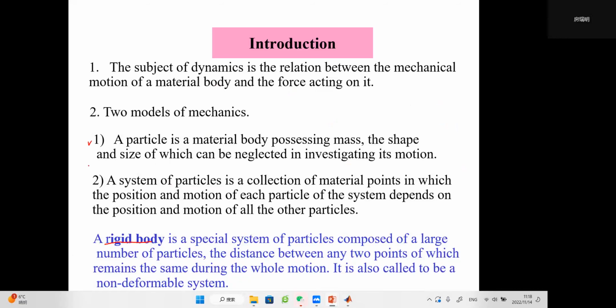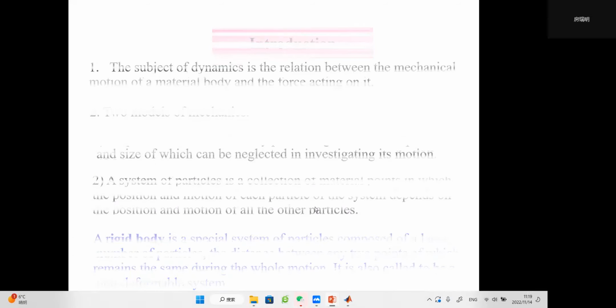So a rigid body actually is a system of particles. If we have a lot of rigid bodies constituting a body system, actually it is a kind of mechanism. Then that mechanism also is a special system of particles. So please, you guys should know that.